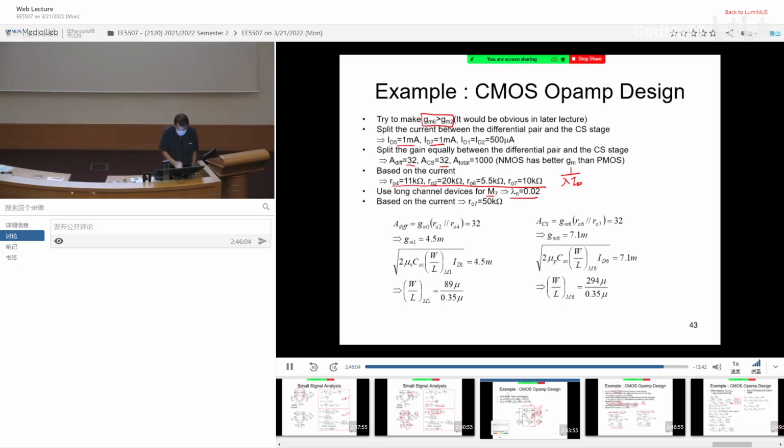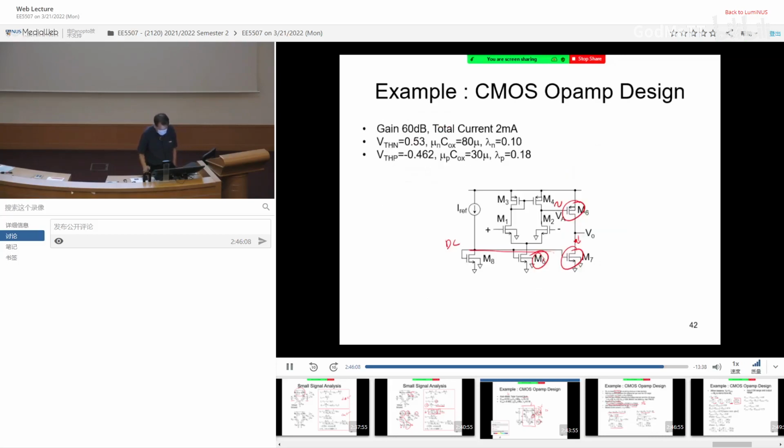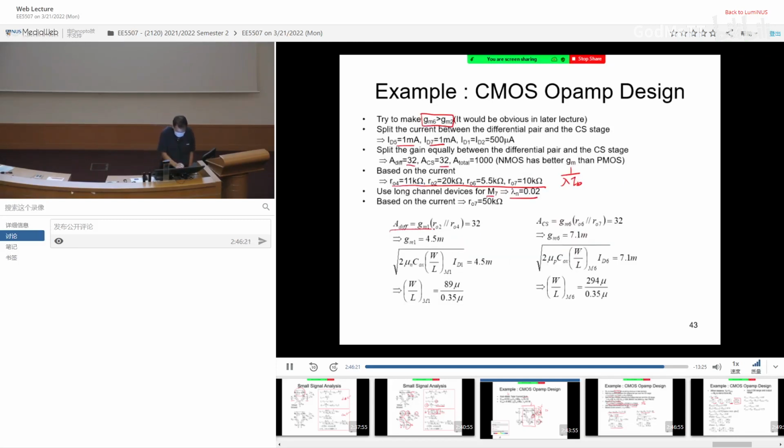So with all this, the differential gain we just analyzed, from the differential input to this output, is given by GM1 times R04 parallel with R02. So we can figure out the differential gain over here, 32. R02, R04 we already know. So your GM1 needs to be about 4.5 milli.